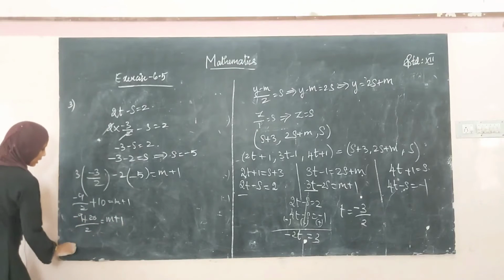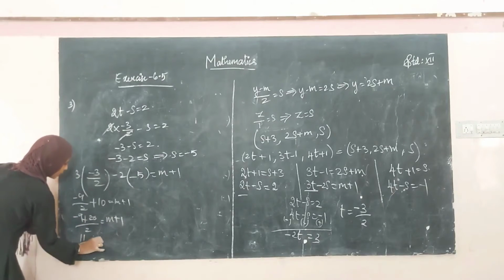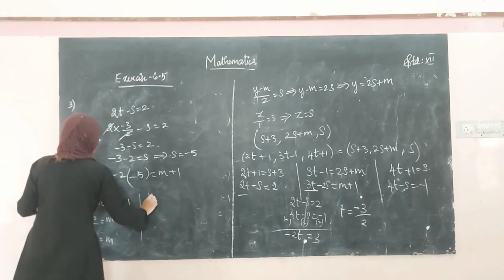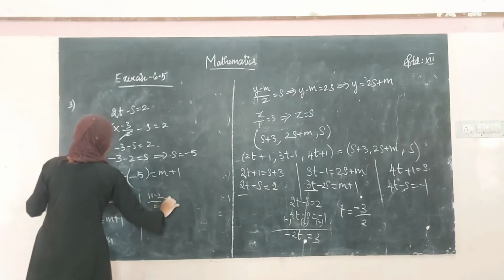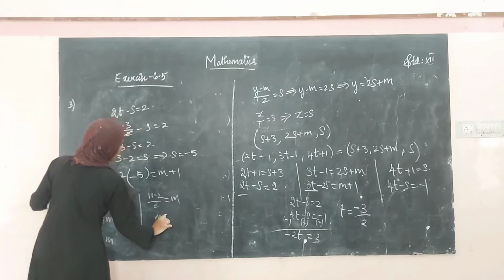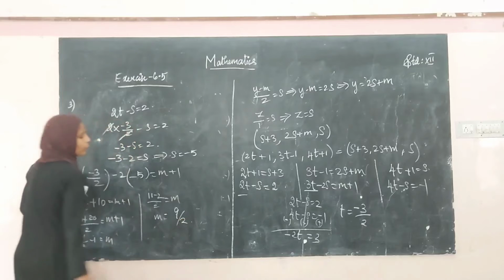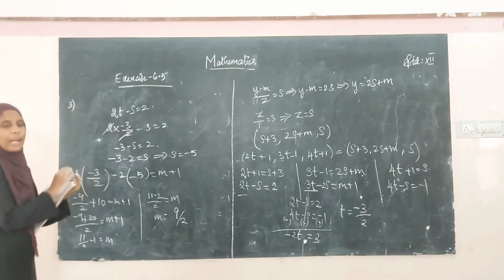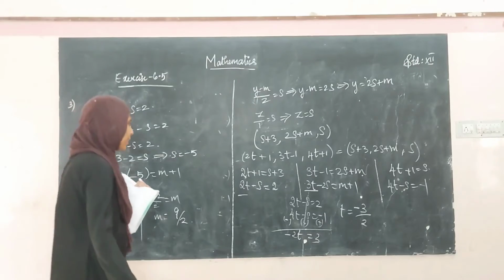So it is 11 by 2 minus 1 equal to m. So what is 11 by 2 minus 1? 11 minus 2 divided by 2 is equal to m. So the value of m is equal to 9 divided by 2. We got the answer. Okay, this is the answer for m. The value of m is equal to 9 divided by 2.